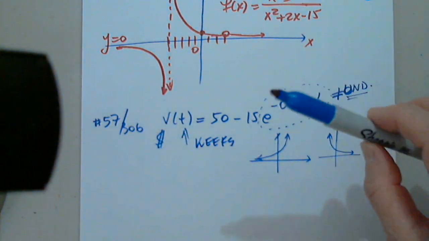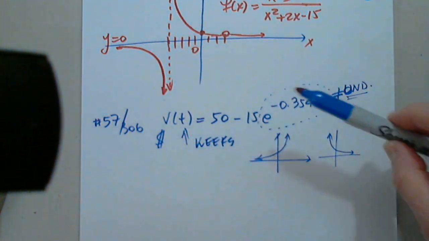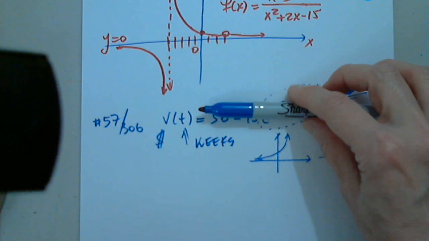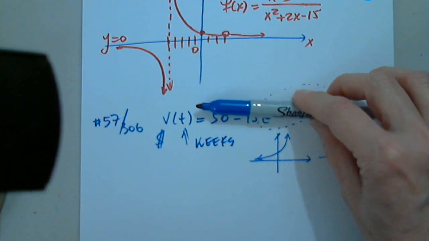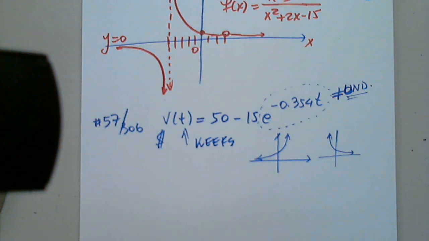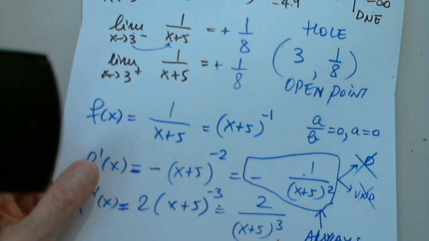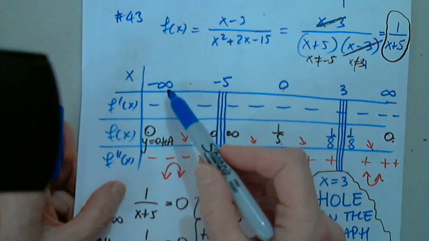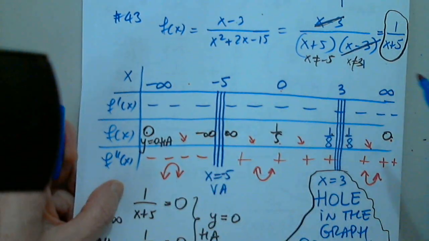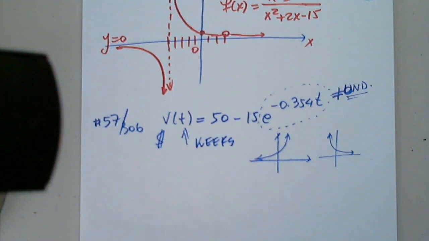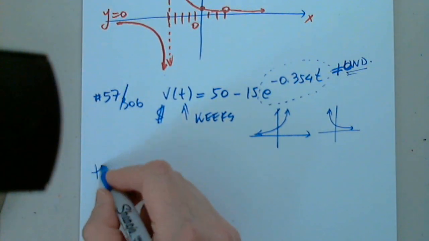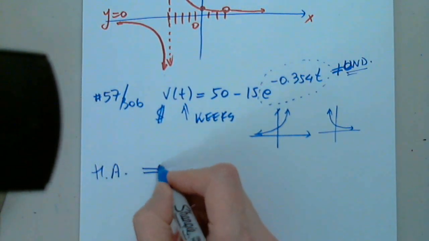Okay? So all we can look at in something like this is a horizontal asymptote. Again, how do we determine horizontal asymptotes? What do we need to do in order to find horizontal asymptotes? For a horizontal asymptote, we have to find what?